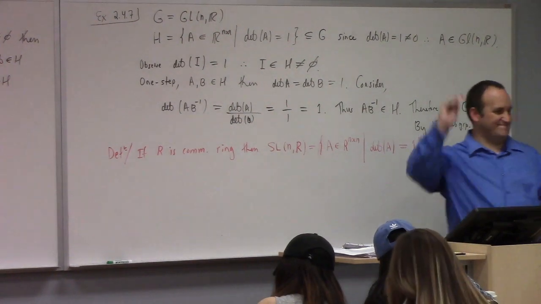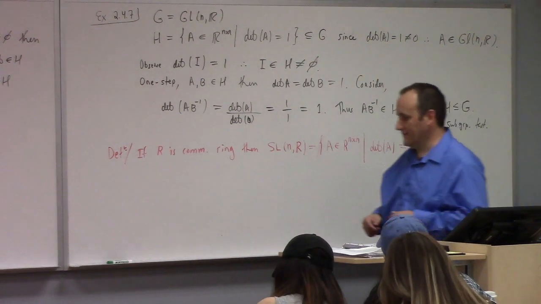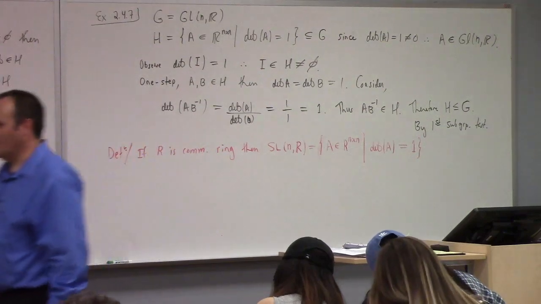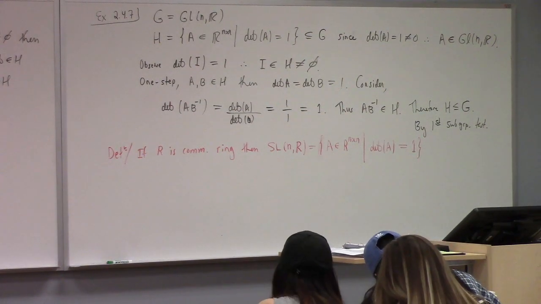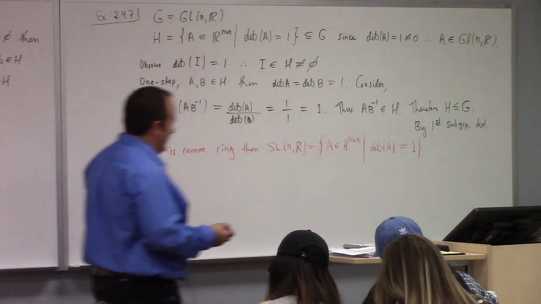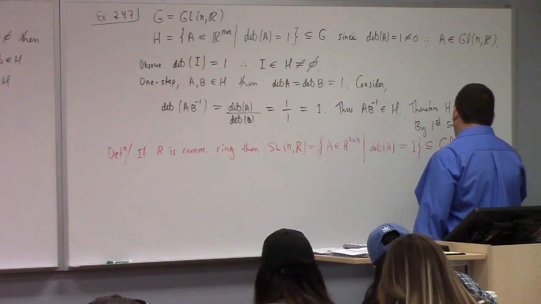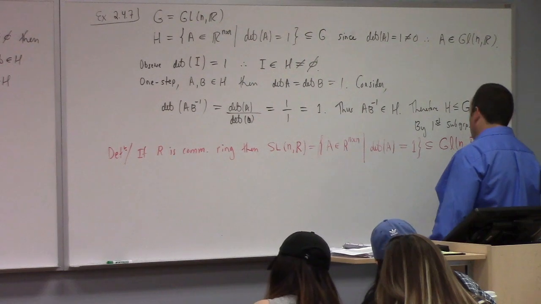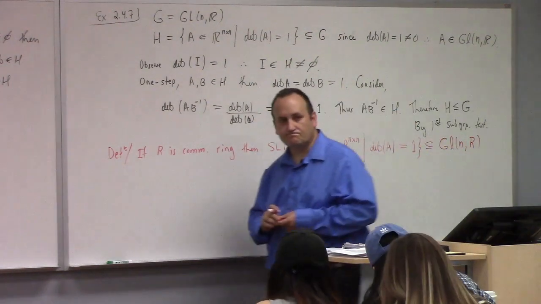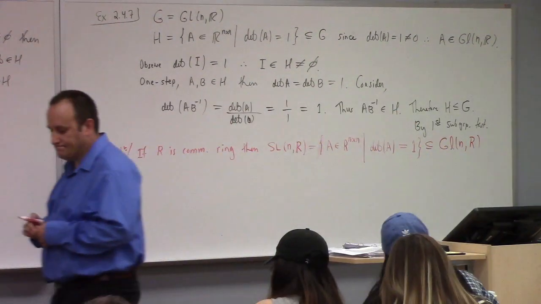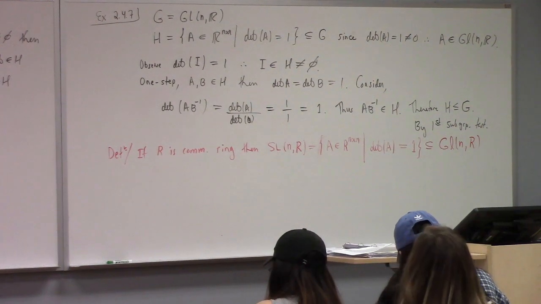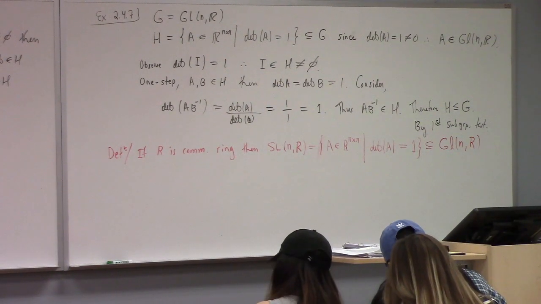This is, of course, a subset of the GL_n(R) over a commutative ring we defined the other day. And essentially the same proof can be used to show that it's a subgroup of GL_n(R).